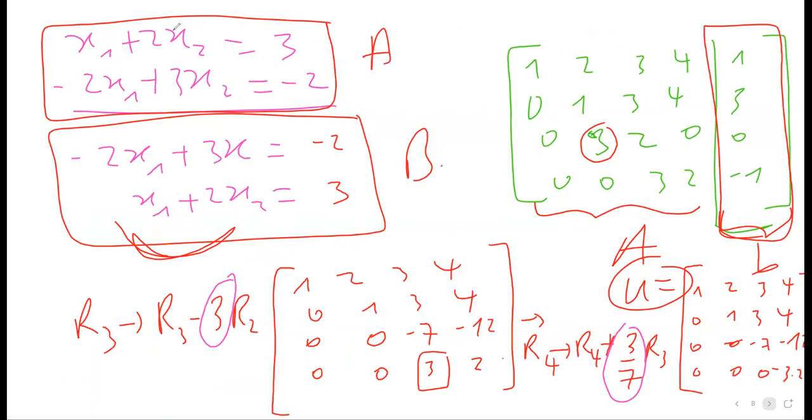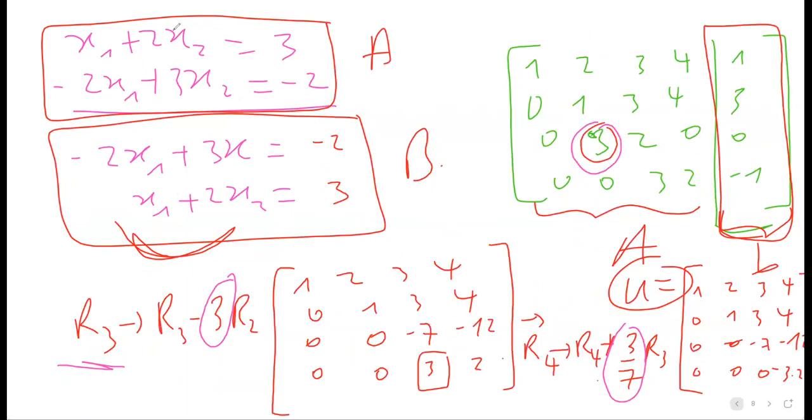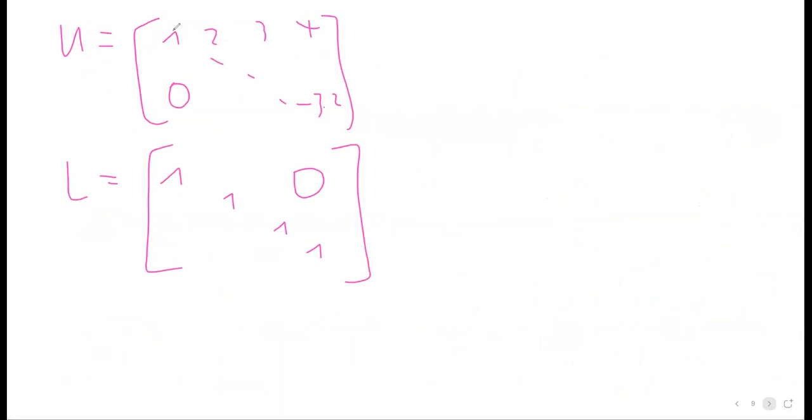Okay, so we did this one for this guy, and then we did R4. So we can go and say, okay, how was it? Let me write them out. You see, 0, 0, 0, 0, 0, 0. So in that case, we multiply it by -3.